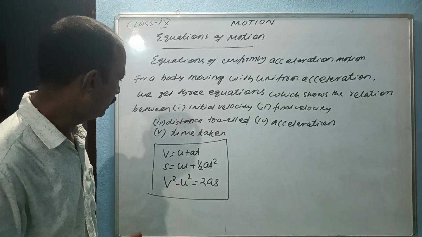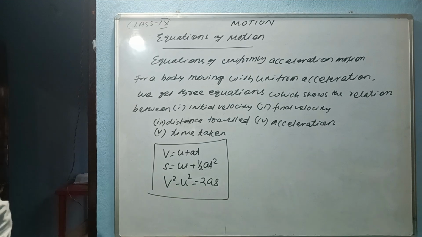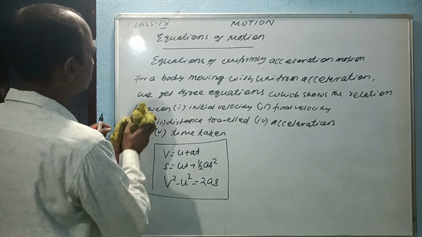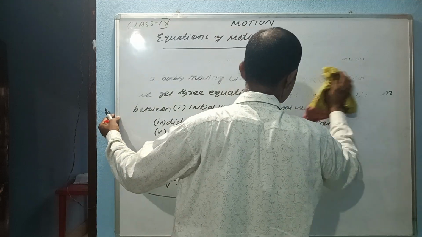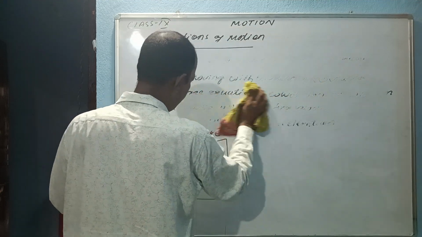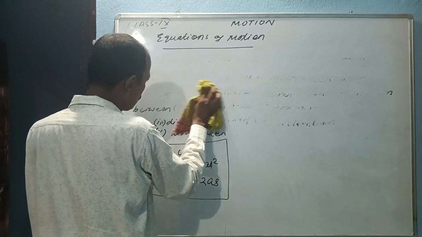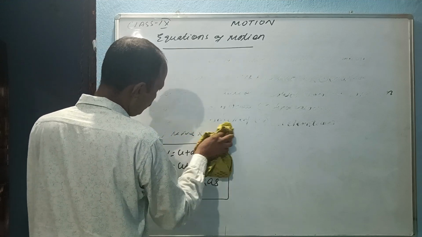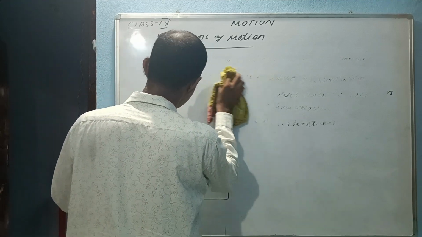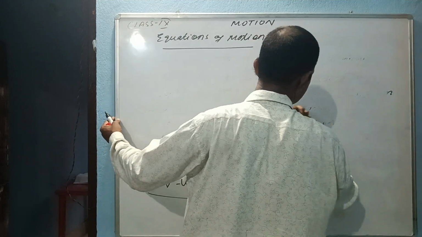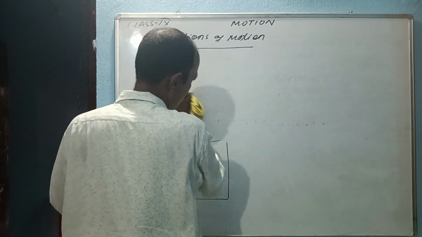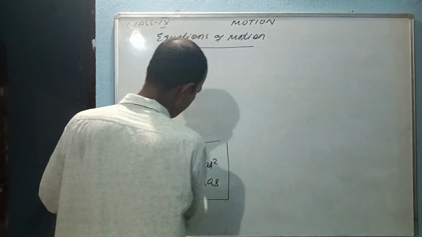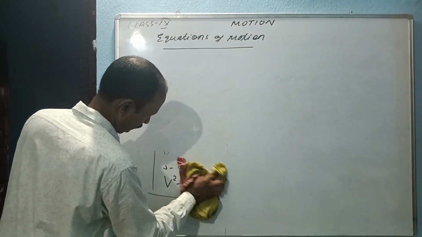Okay, let us move to the derivation. So, I am going to derive these three equations of motion from the velocity time graph. Velocity versus time graph.